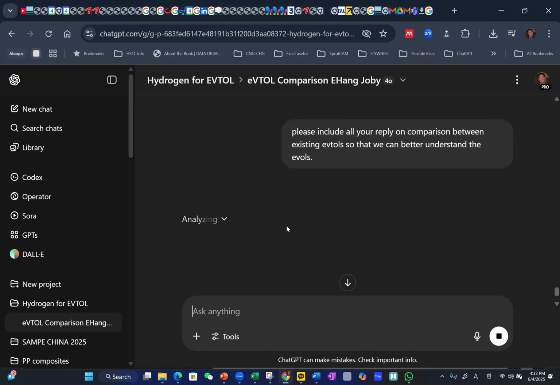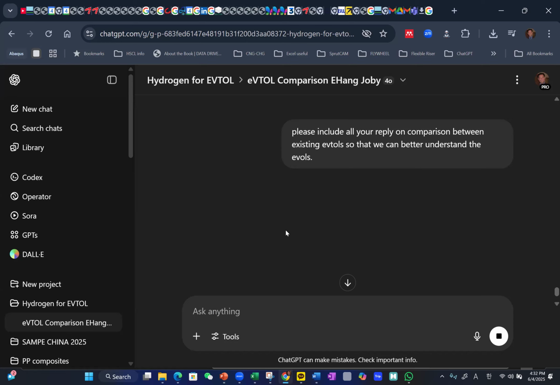This Word file doesn't have the comparison between the existing eVTOLs. That's why I asked to include all the comparisons.